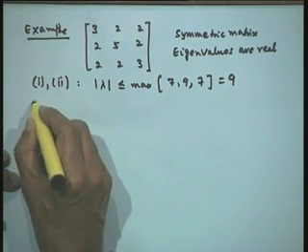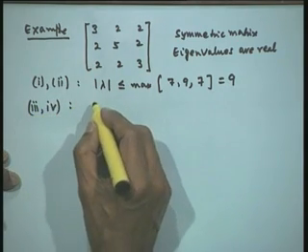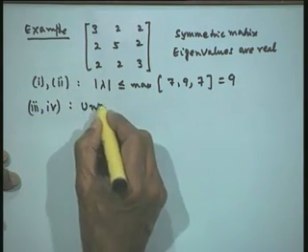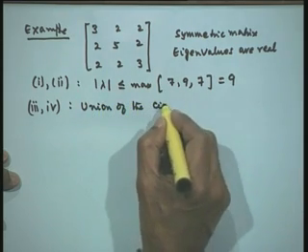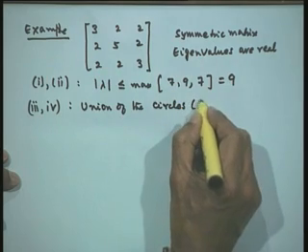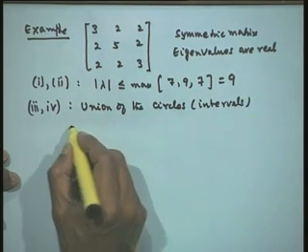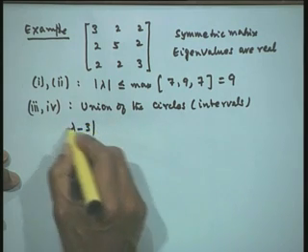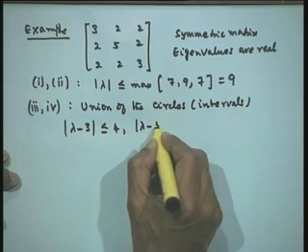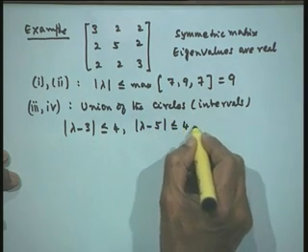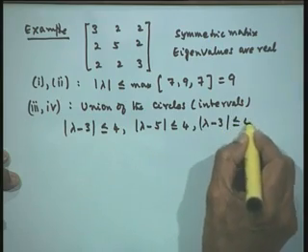The third and fourth would again give the same one, the union of the circles. These are not circles, these are now intervals: magnitude of lambda minus 3 is less than or equal to 4, lambda minus 5 less than or equal to 4, lambda minus 3 less than or equal to 4.